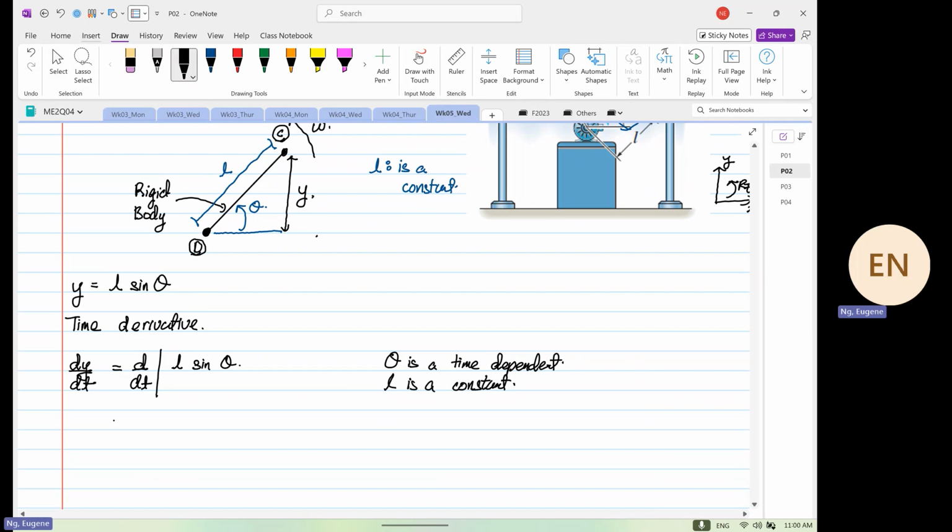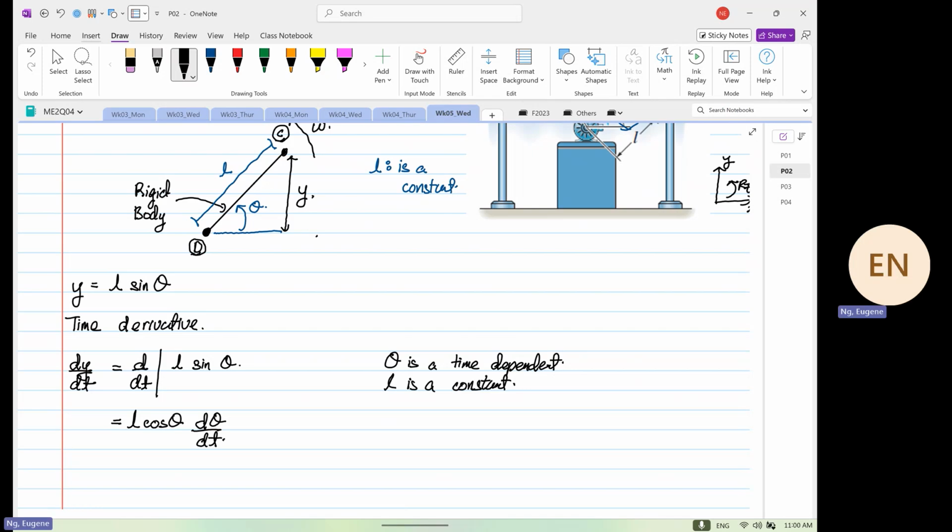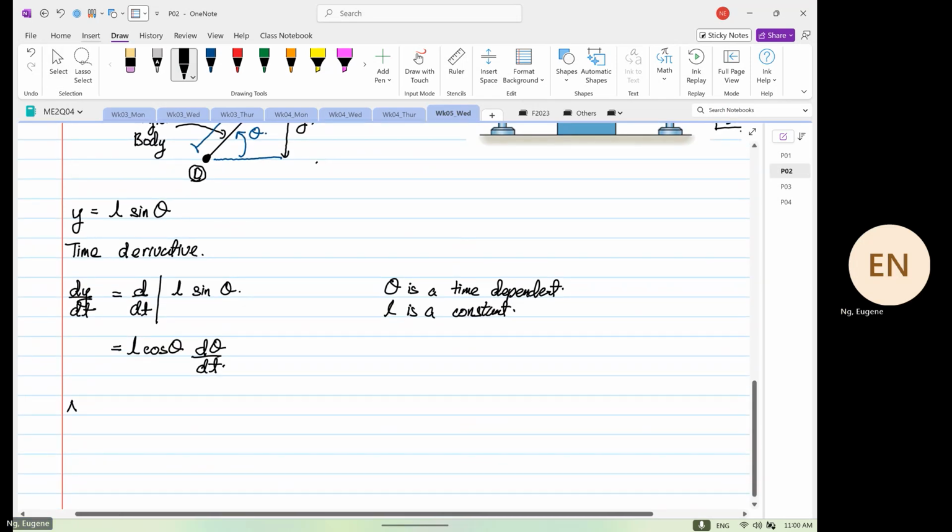So L is constant, the derivative of sine is cos theta, and now this becomes d theta over dt. Then note that d theta over dt is also equal to what?